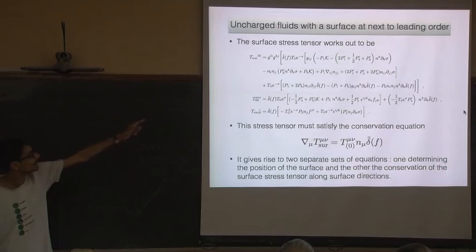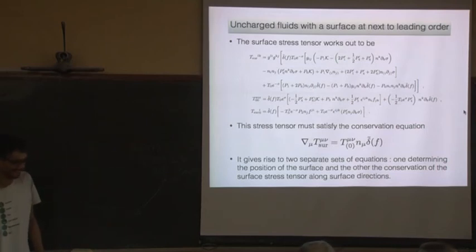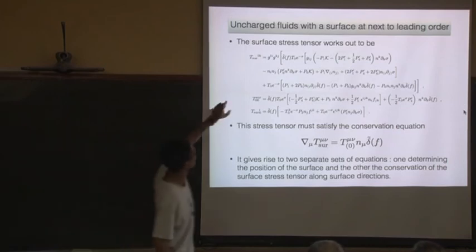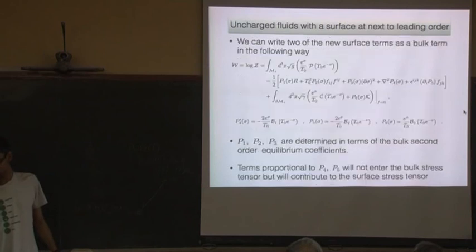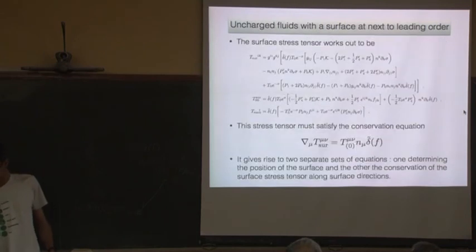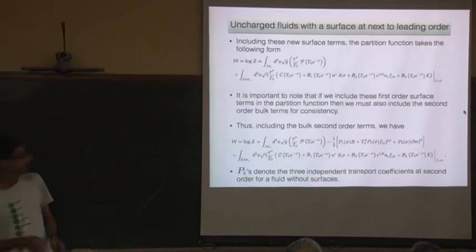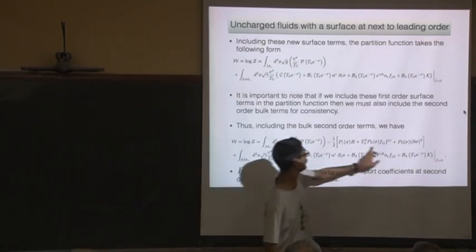So this is the total constraints. This is the current that flows from the partition function. So now we have 3 extra. I have P1, P2, P3 in the bulk.